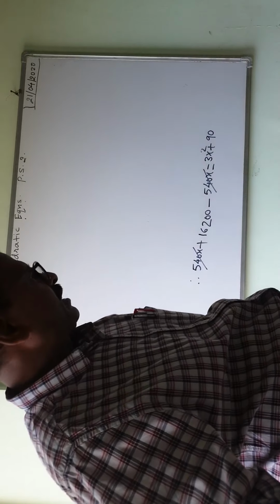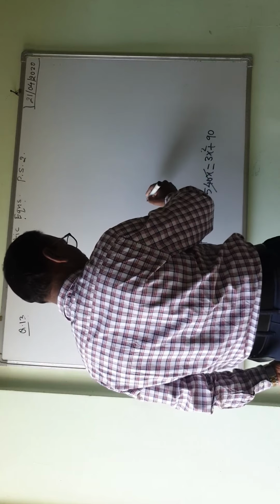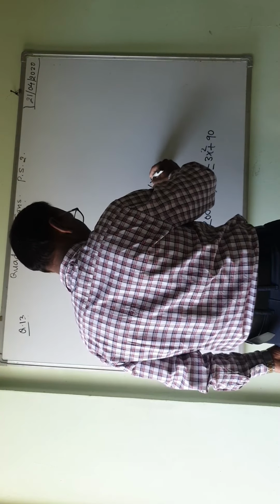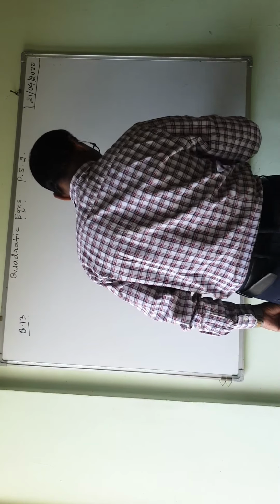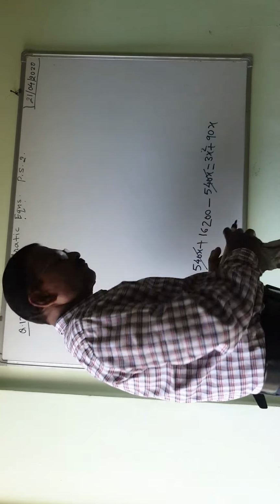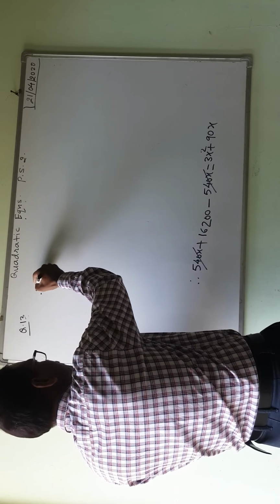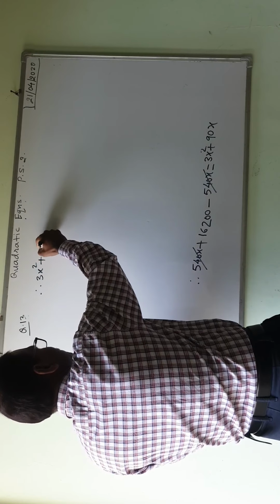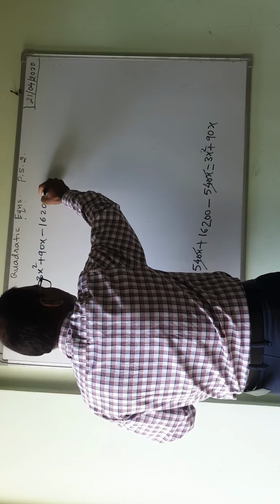Something is wrong here, I think. 3x into x plus 30 it was, then this will be 90x. So check this, therefore 3x square plus 90x, this will become minus 1620 is equal to 0.